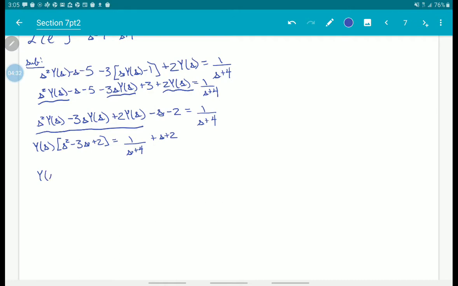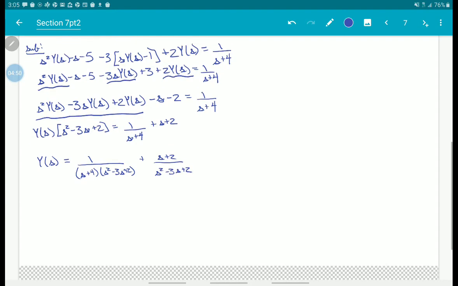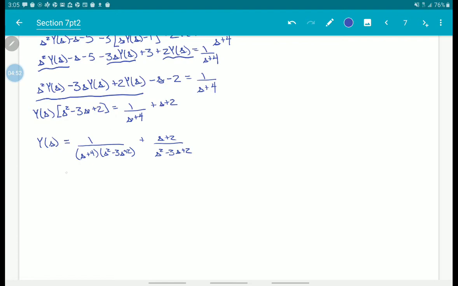So now we want to isolate Y of s. And we can do that by dividing by that s squared minus 3s plus 2. And that guy's actually going to factor.